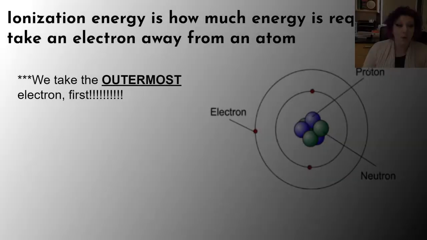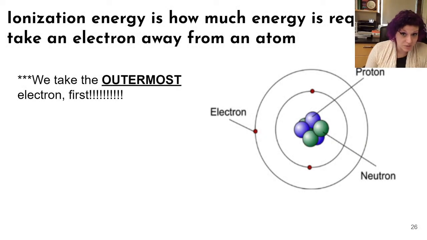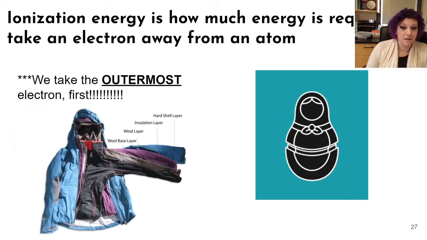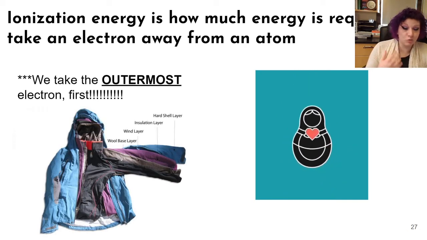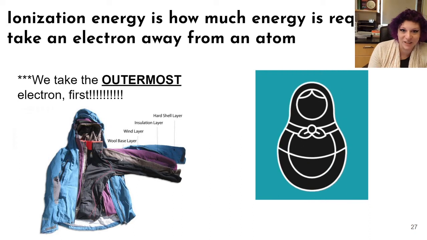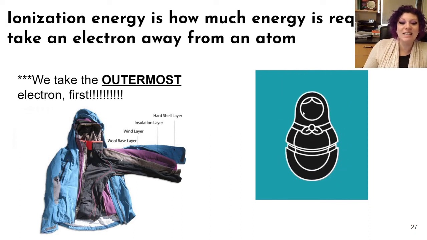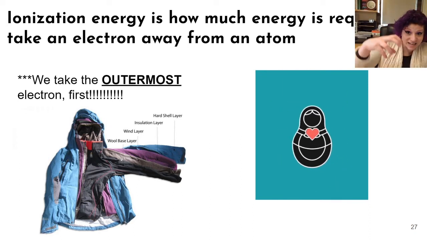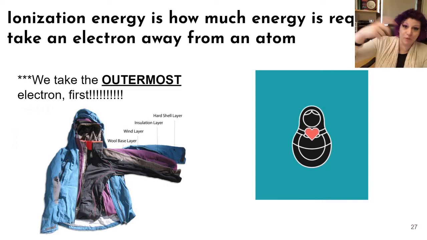Again, we take the outermost electron first. Just like you layer up on a cold winter day, you got to take off that outer layer first. You can't just start with the inner layer. Or going back to our nesting doll example, right? We got to take off the outer layer before we can get to the inner layer.